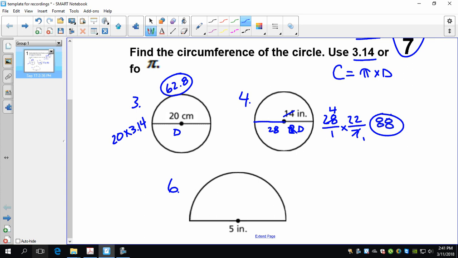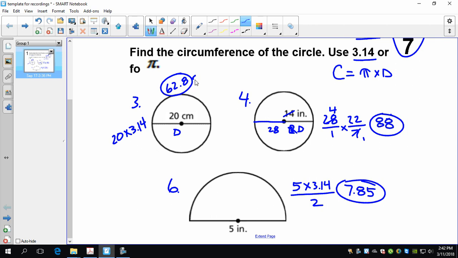The diameter is still 5, so we're going to do 5 times 3.14. We're going to get 15.7, and then we're just going to divide it by 2. So 15.7 divided by 2, and we're going to get 7.85.